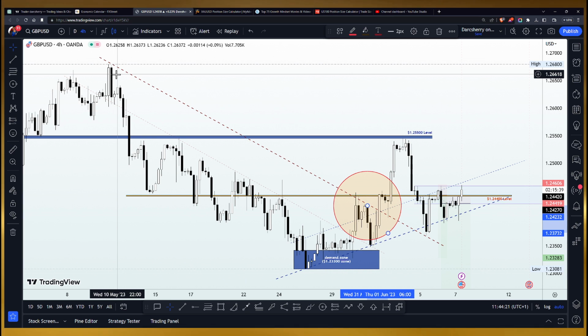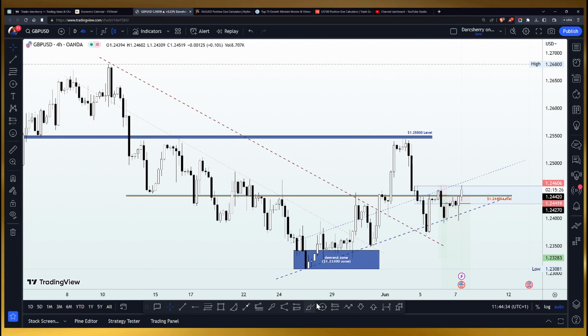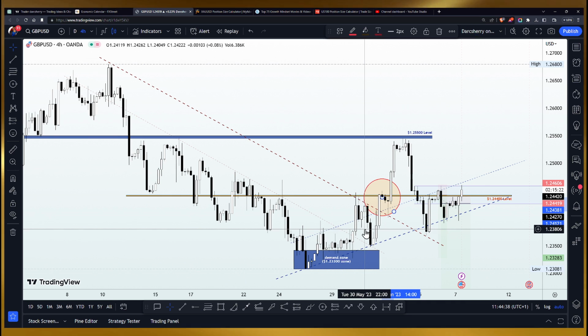And with the breakout of that structure, it was a clear sign that the trend line may no longer be able to reject any bullish attempt in this market. And this breakout also shares a confluence with the key level we identified at the 1.24400 level.